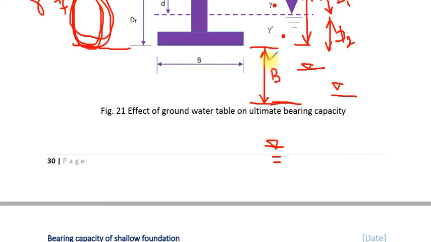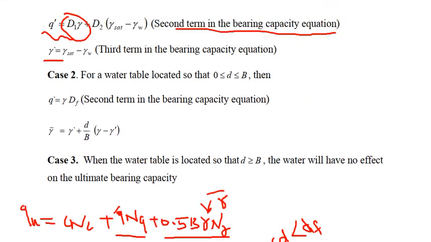In the second case, the effect will appear when D is greater than 0 and less than B, in the third term. The first term will be gamma multiplied by DF. Why?